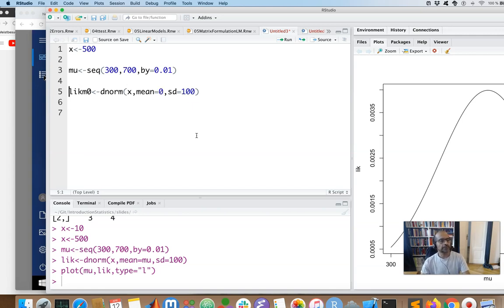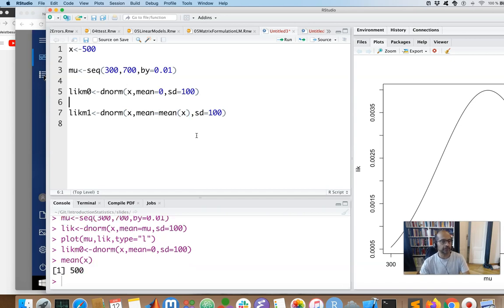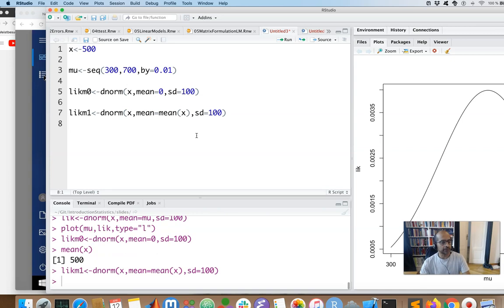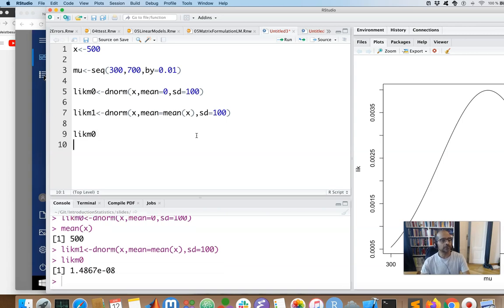Okay, so I generate the likelihood under that null mu, and then I generate the likelihood under an alternative model which I'll call M1, which takes the mean of x, which is 500. Notice that it's just one data point, so the mean is 500. I can compute the likelihood under that value as well. So really the likelihood ratio test is computing the likelihood under two different assumptions.